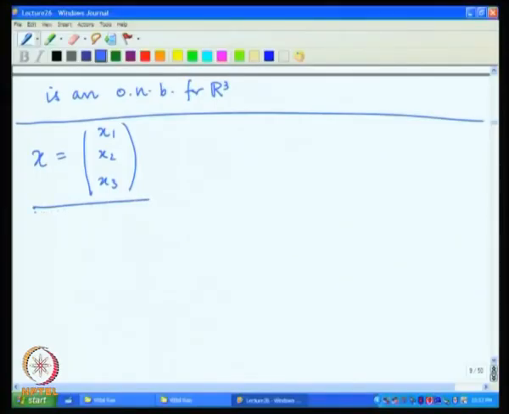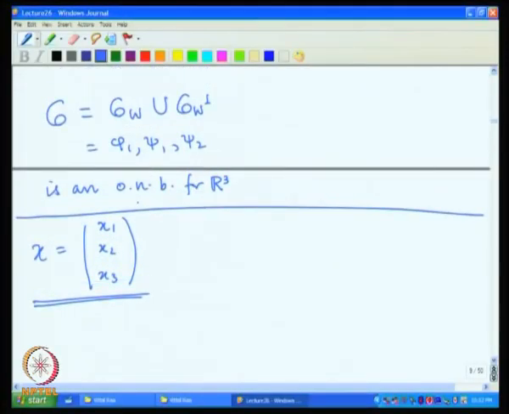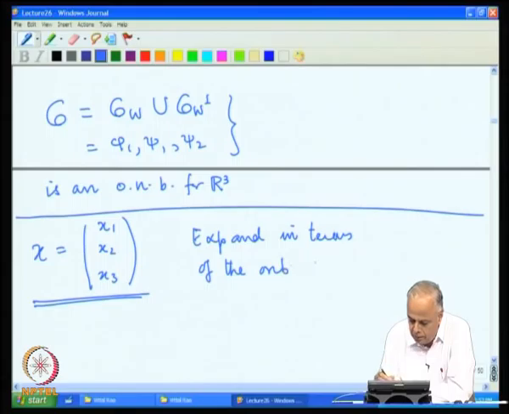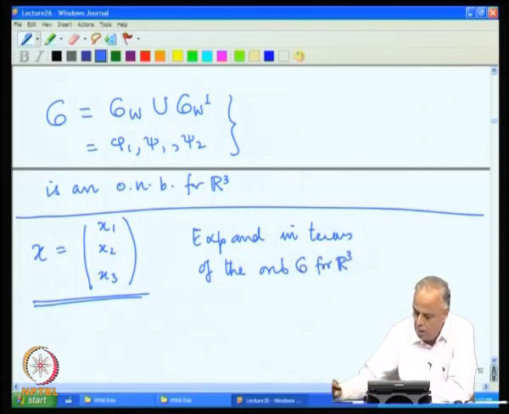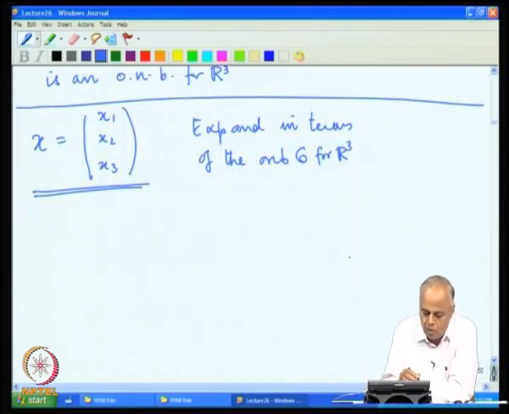So, we have x, we can expand this in terms of the orthonormal basis O for R 3. Now, how do I get the expansion?